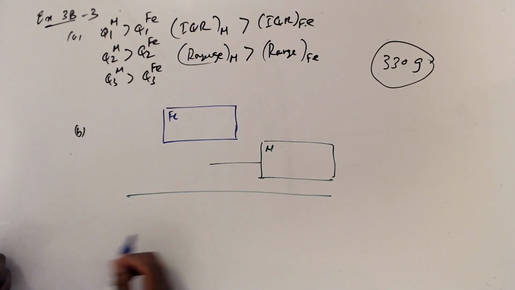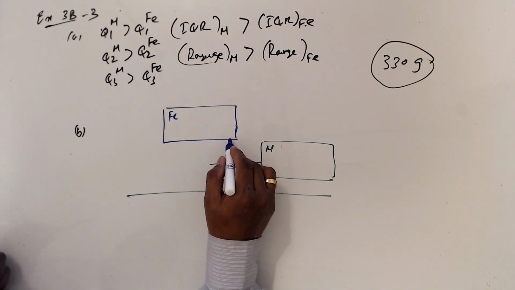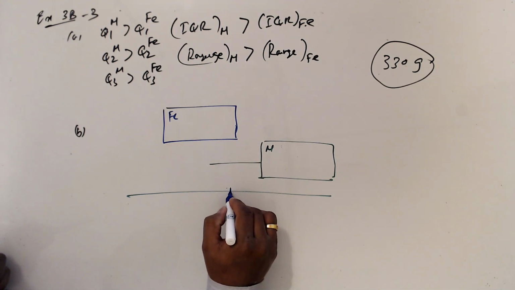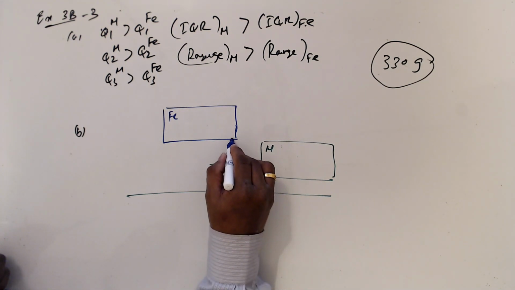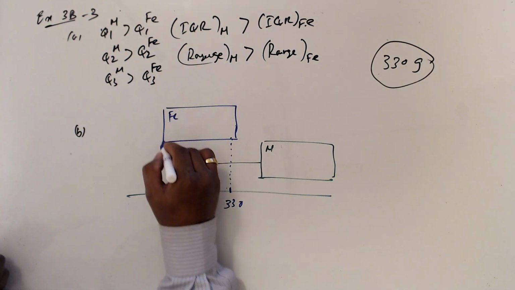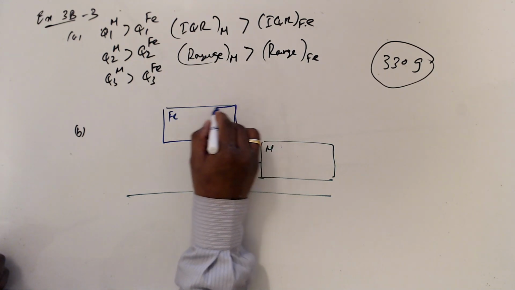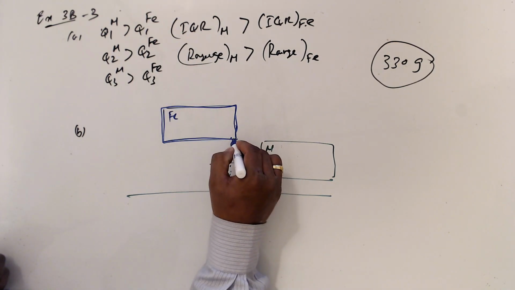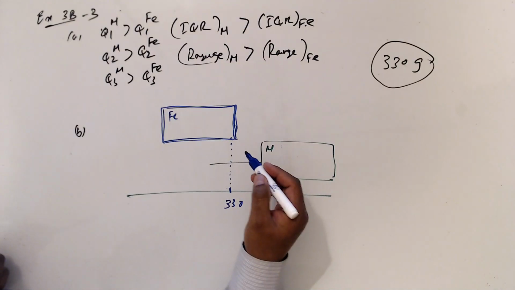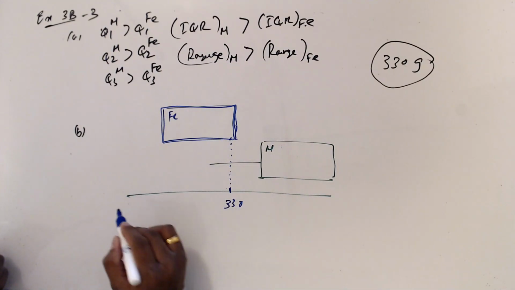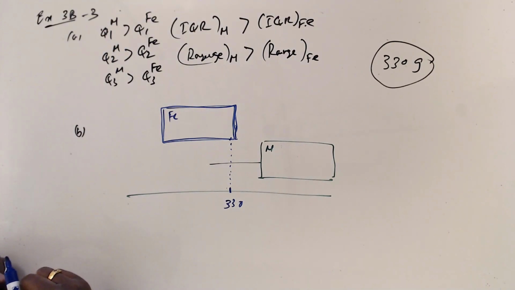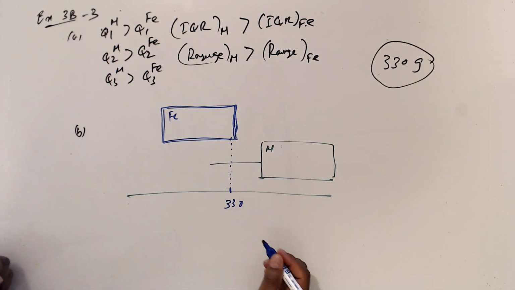So when I look at the graph, I can see 330 somewhere here. When I draw this one, I can see that it is in this IQR of female. So because of that, there is a more likely possibility that it is a female turtle.